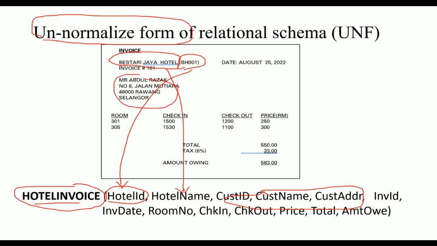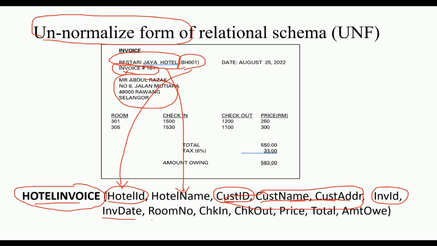And the invoice ID here is this invoice ID. The customer ID is not showing here, but the customer name and address must be identified through a primary key. That's why we put customer ID here, right?